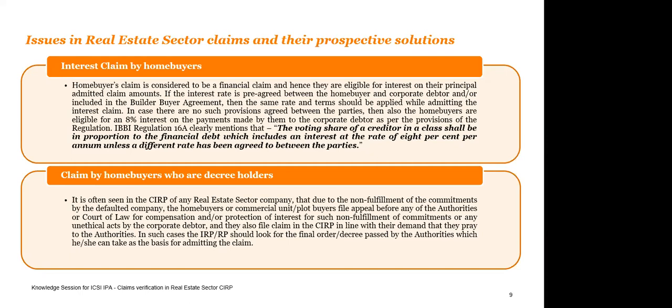But anytime a default happens from the builder, the buyer can take it to different adjudicating authorities like RERA, or any of the courts of law, and they can have their orders or decrees and claim based on that. So when they file a claim based on the decrees, it is to be seen what the outcome of the decree is and what demand is made in the decree.